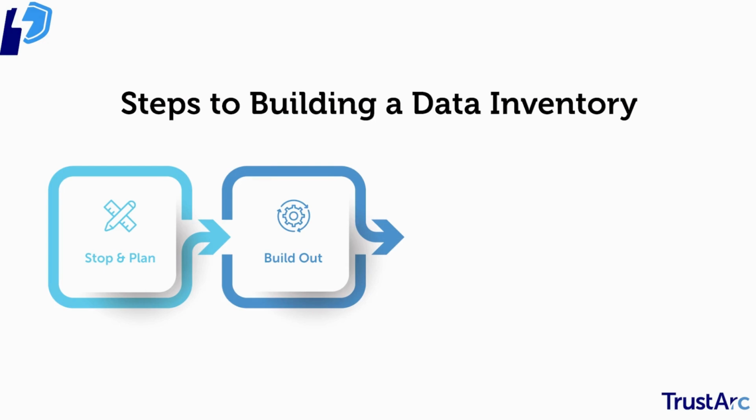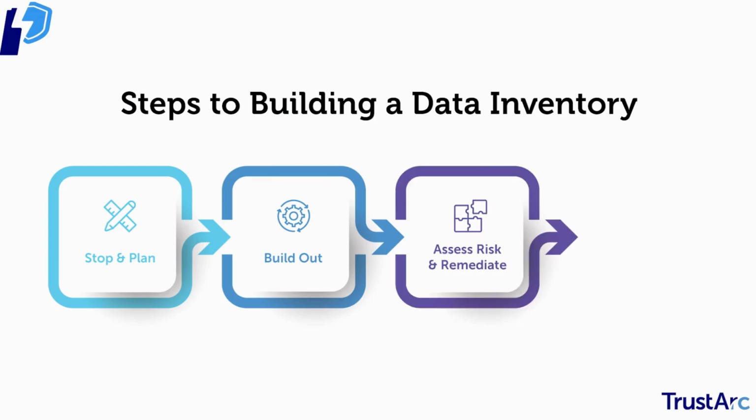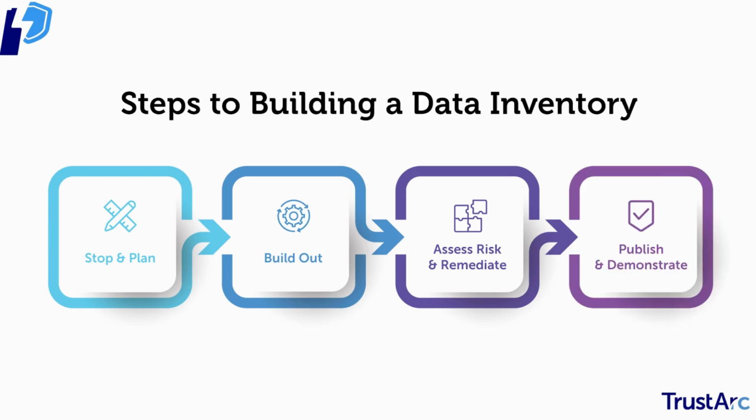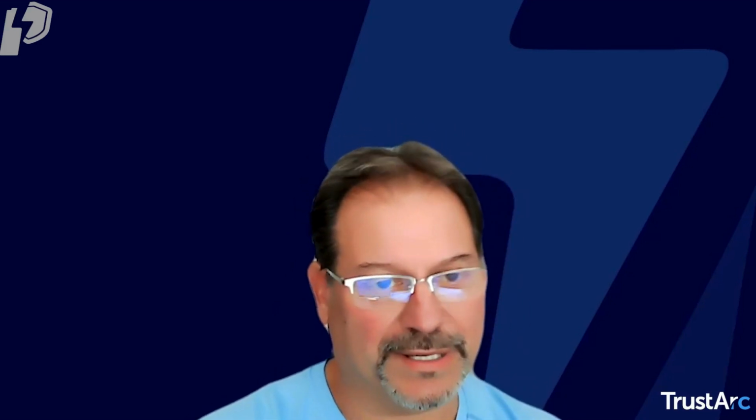Number three is assessing the risk associated with your findings, and where appropriate or necessary, doing some remediation. And four, the last thing is obviously you want to use it. So we need to publish it as well as be prepared to demonstrate it should you be tapped on the shoulder by some authority. So let's break this down.